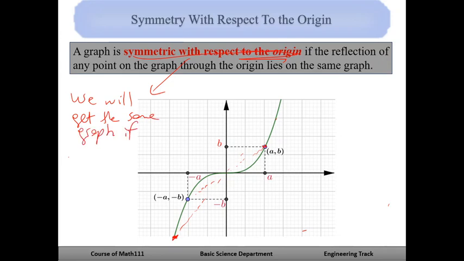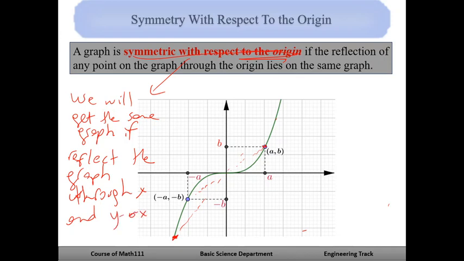If we reflect the graph through the x-axis and y-axis consecutively.